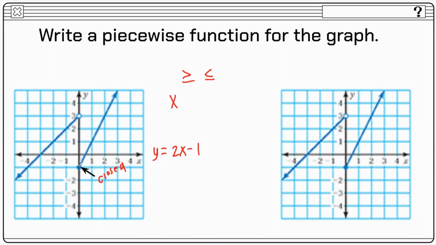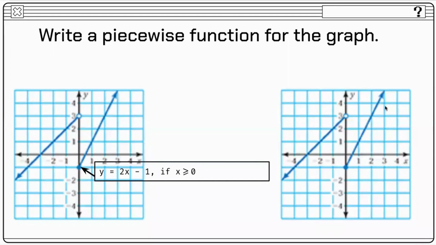Looking at our starting point, it is at 0 on the x-axis, and from there it continues to the right, where x is greater than or equal to 0. So your final domain is going to be x is greater than or equal to 0, and then for this line, it's going to be y equals 2x minus 1 if x is greater than or equal to 0.